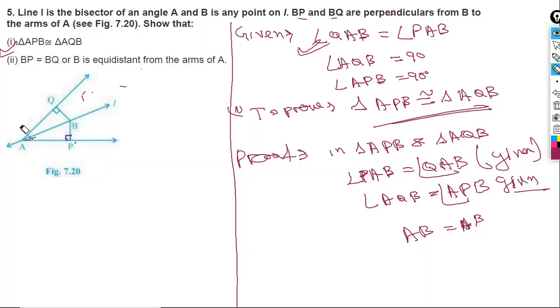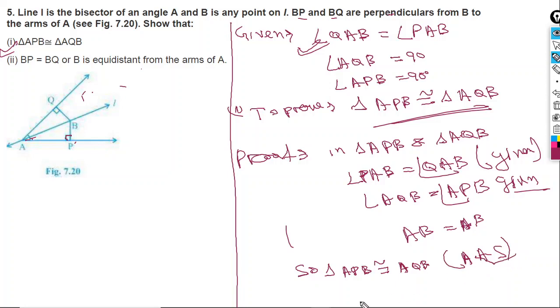Therefore, these two triangles will be congruent. We'll just write that: triangle APB will be congruent to triangle AQB. Just look at the figure. The reason is angle side.